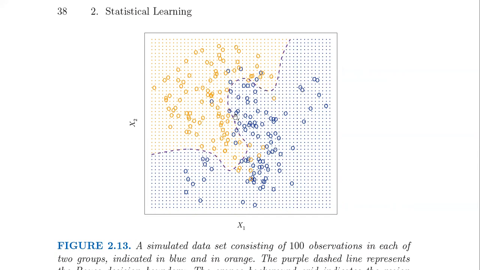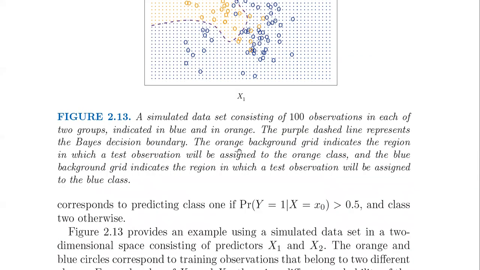And we kind of have this boundary line. So we're saying anything in the blue is going to be classified as blue. Now notice that the orange observations are incorrectly classified in this region, and the blue ones in the orange region are incorrectly classified as well.